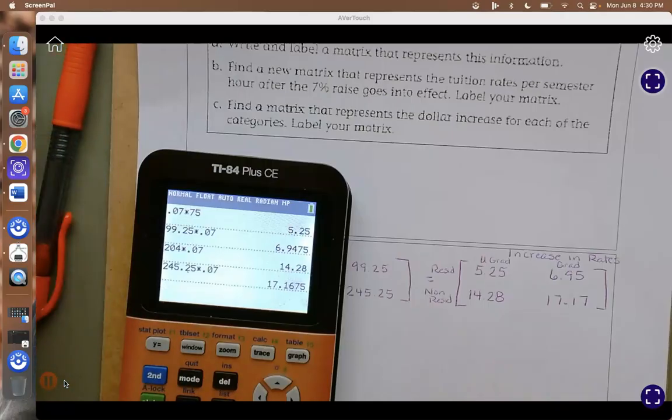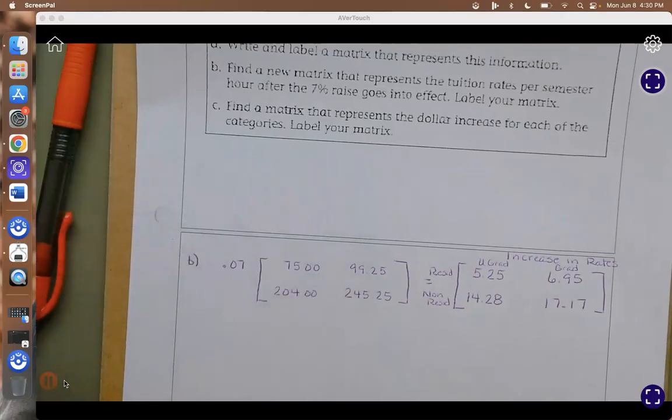So now it wants to know what the tuition is going to be. So that's the first part.